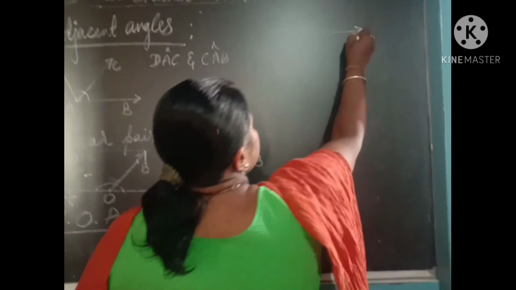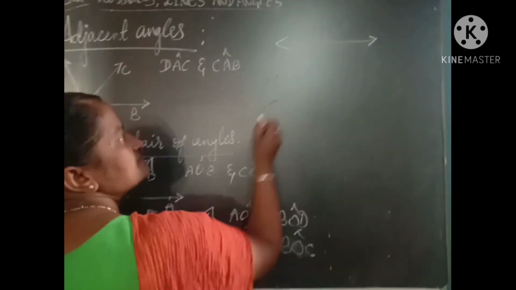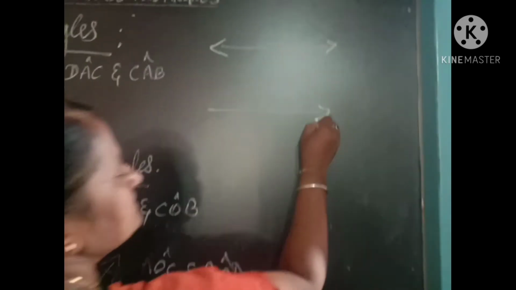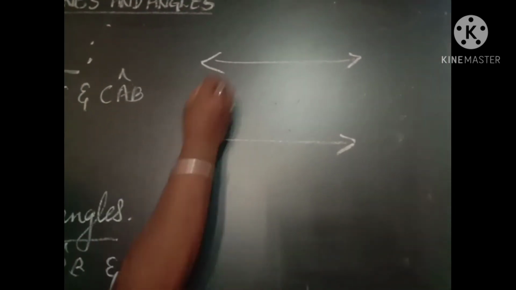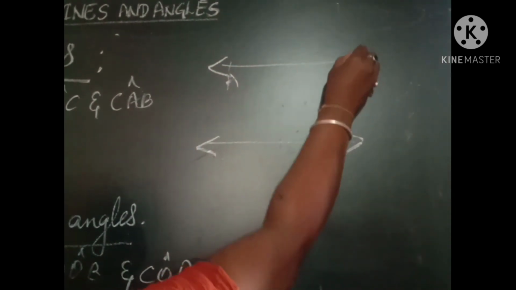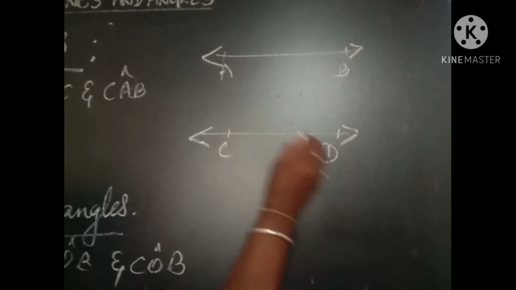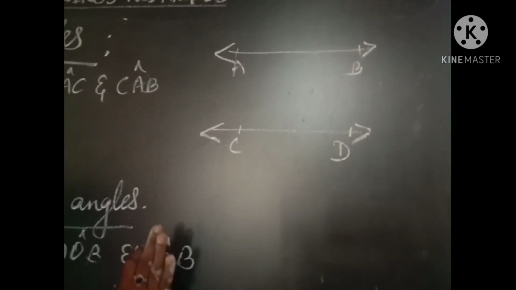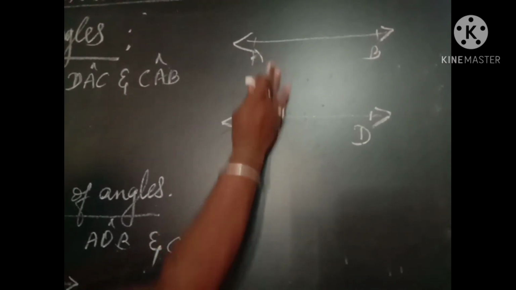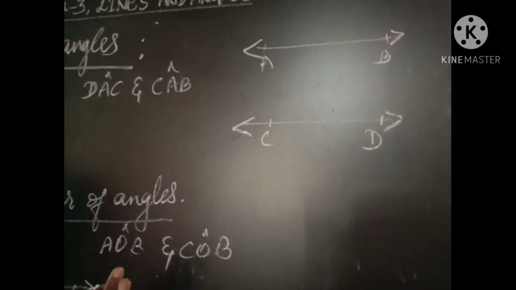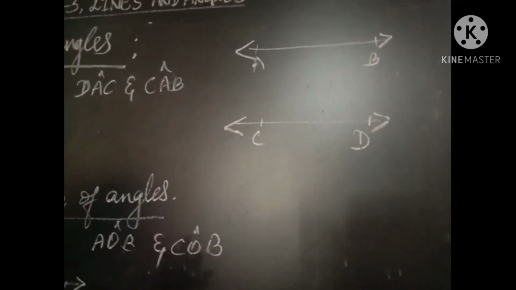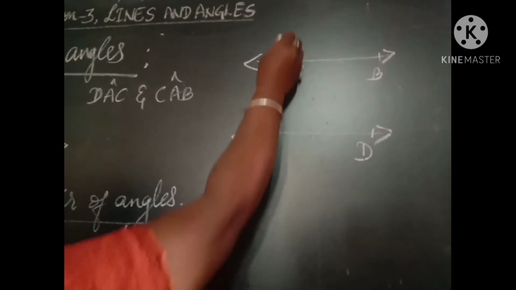Just observe here, this is a line and another line is this one. Let us call this AB and this is CD. Observe here, these two lines are not intersecting. Then what are these lines called? These lines are called parallel lines.